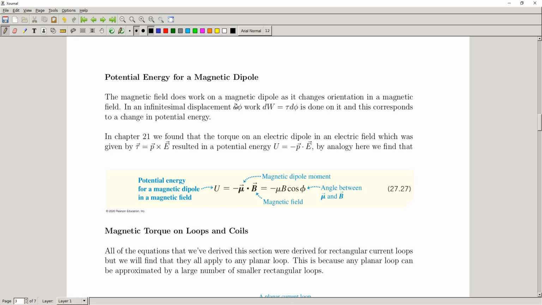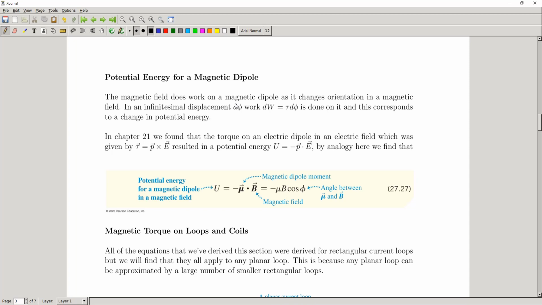This work done on the loop by the magnetic field corresponds to a change in the potential energy. All of this follows very similarly to the work that we did in chapter 21, so we'll skip right to the punchline here.